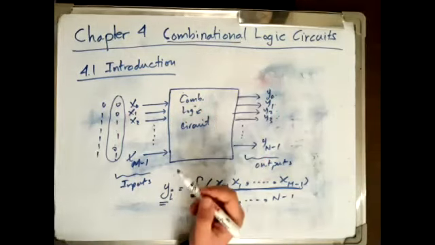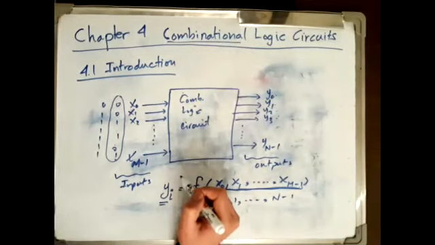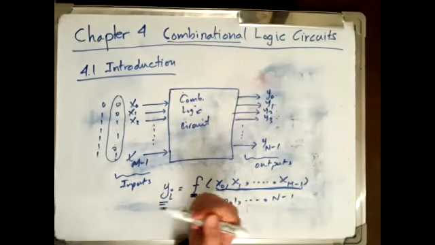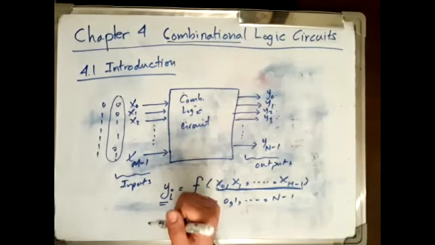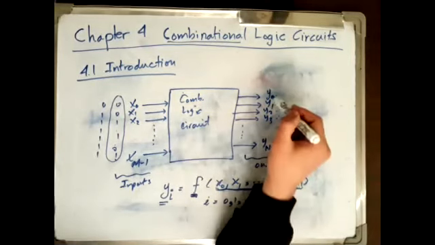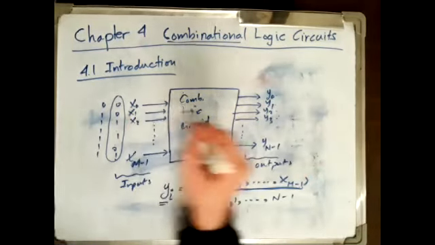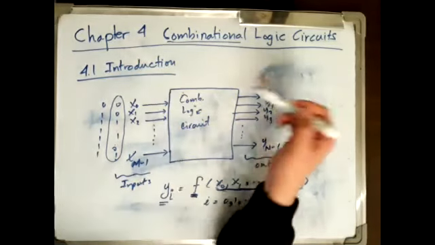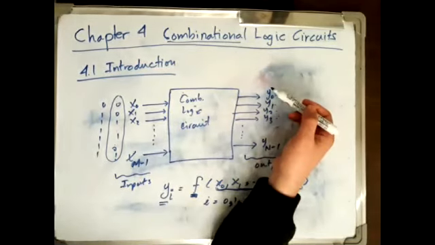So why are we stressing this point? Because in chapter 5, we will see another type of logic circuits, called sequential logic circuits. In such circuits, there are inputs and outputs, but the outputs are not only dependent on the input combination, they are also dependent on something else that we will see in chapter 5.